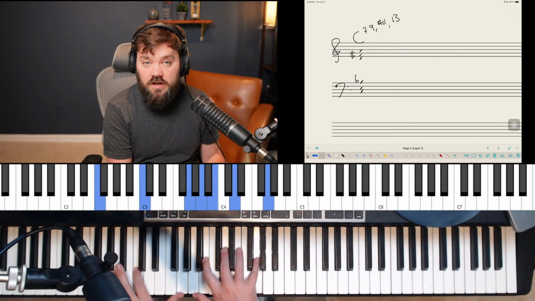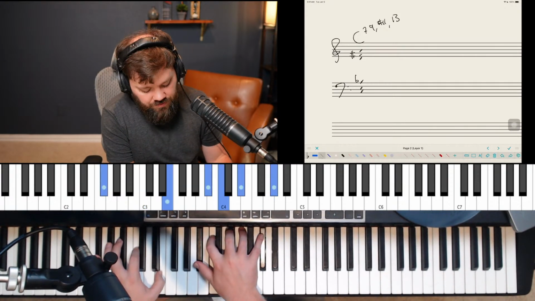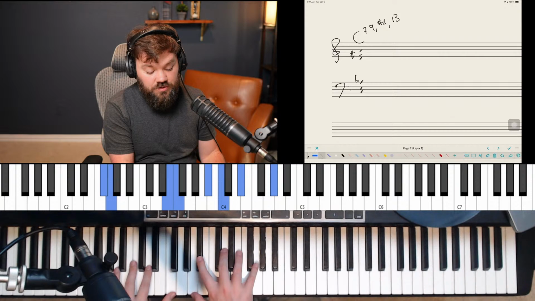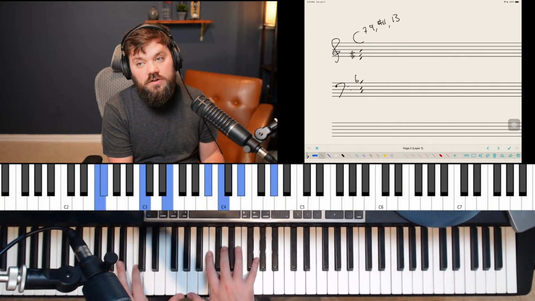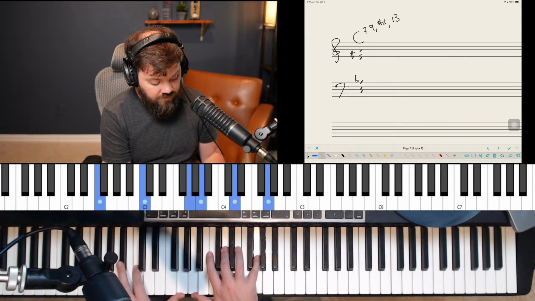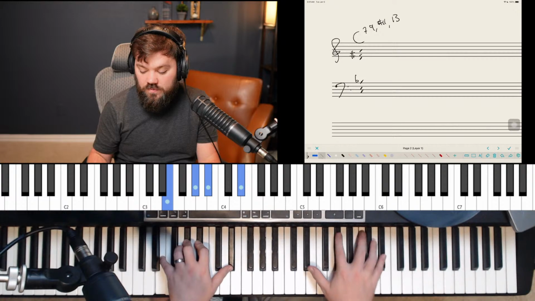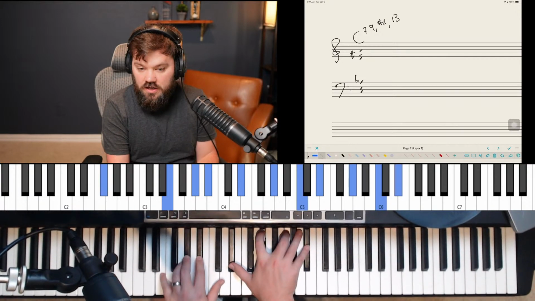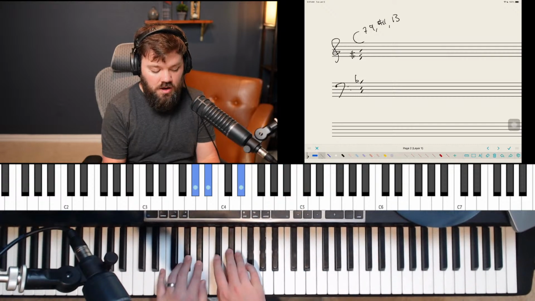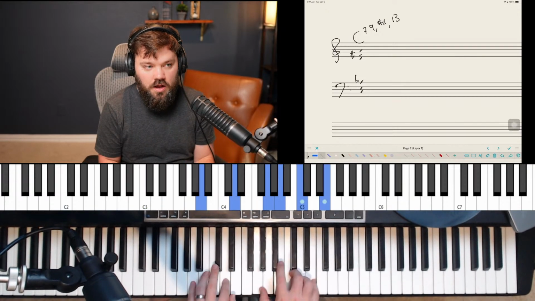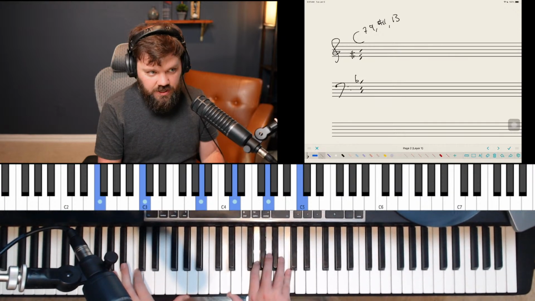Which, if you're familiar with it, is also the tritone sub. So we're going from G minor to G flat dominant to F, and this A flat major is really common to play right there.